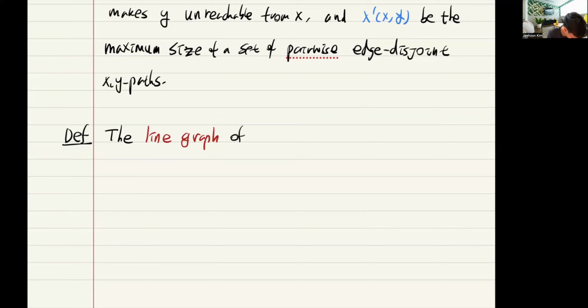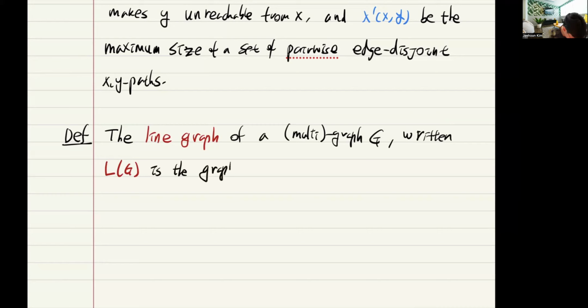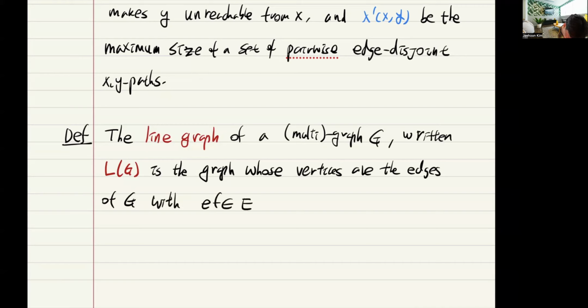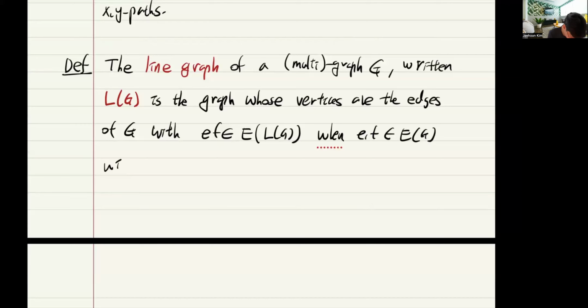The line graph of, say, a multigraph G, which we write as L of G, is the graph whose vertices are the edges of G, with two vertices of the line graph e and f adjacent when e and f are edges of the original graph, with e being uv and f being vw.